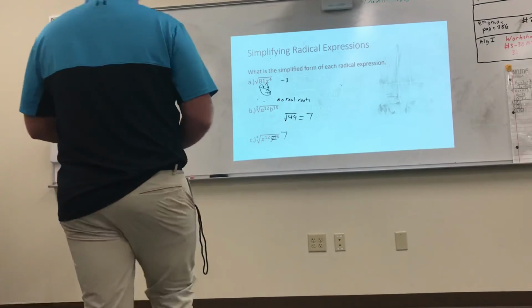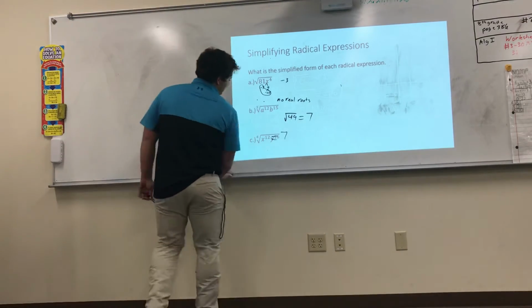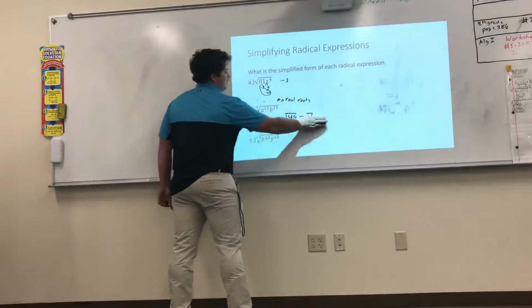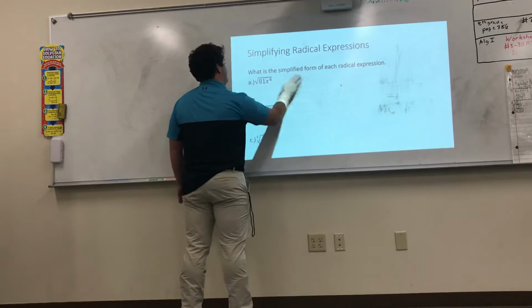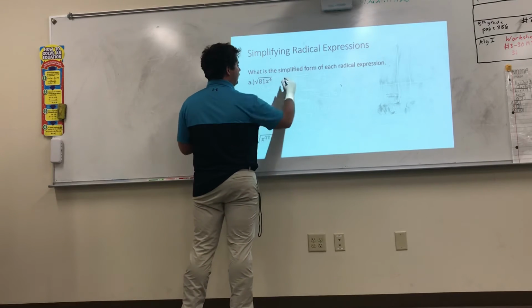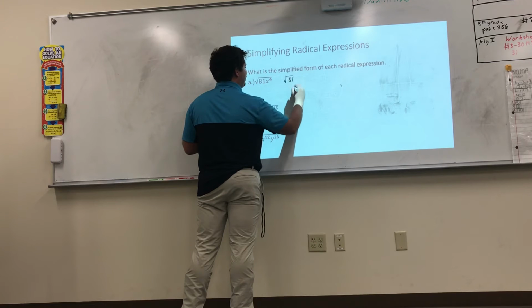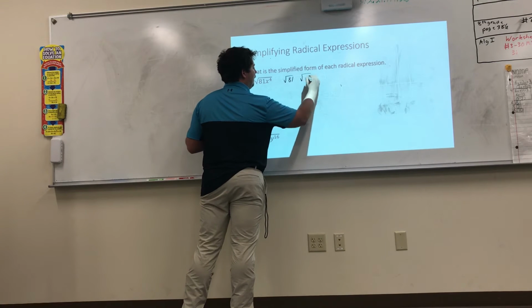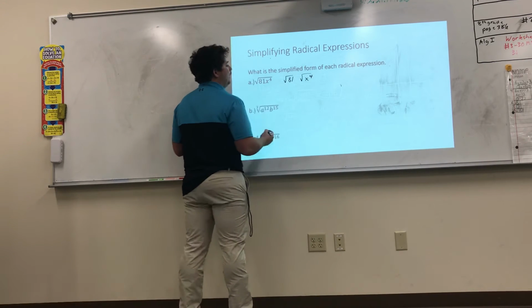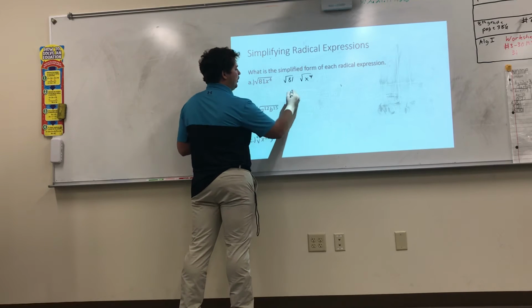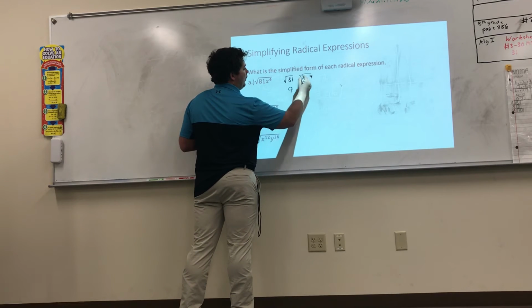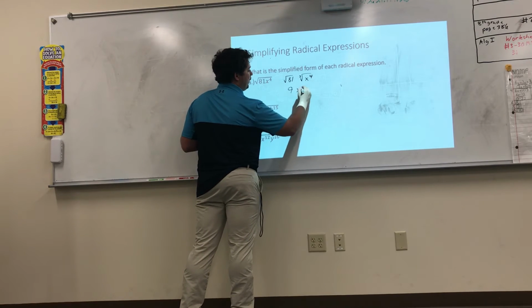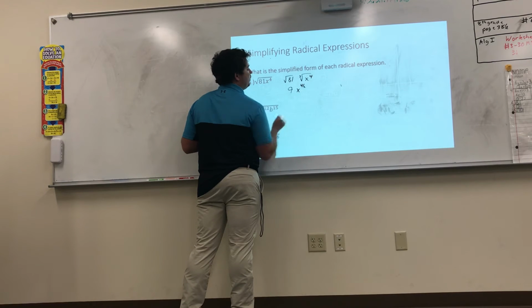Alright. Now, on these, I typically sometimes break these down. So sometimes I go the square root of 81 and the square root of x to the 4th. Well, this we know is 9. This can also be written as a fraction, 4 over 2.